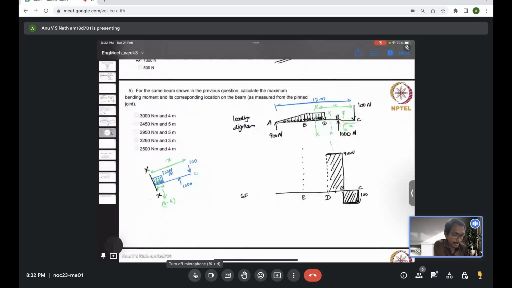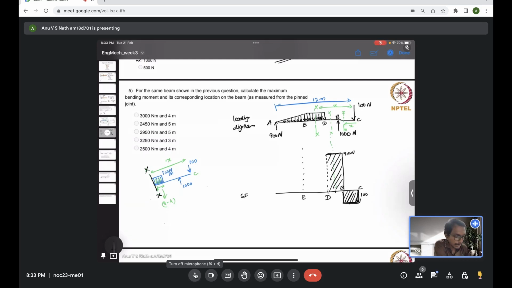Consider any general section XX in between E and D, the uniformly distributed loading region. The section is X units from the end C, but the UDL starts from D only, so from D to XX the base width of the UDL is X minus 4 units.